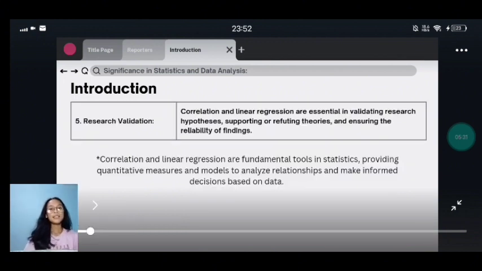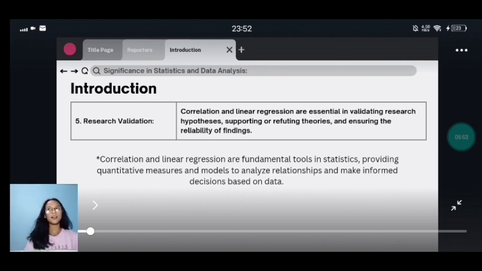The fifth one is research validation. Correlation and linear regression are essential in validating research hypotheses, supporting or refuting theories, and ensuring the reliability of findings. So, gamit kayo siya because ito jud ka mag-base sa imong mga conclusions sa imong research.